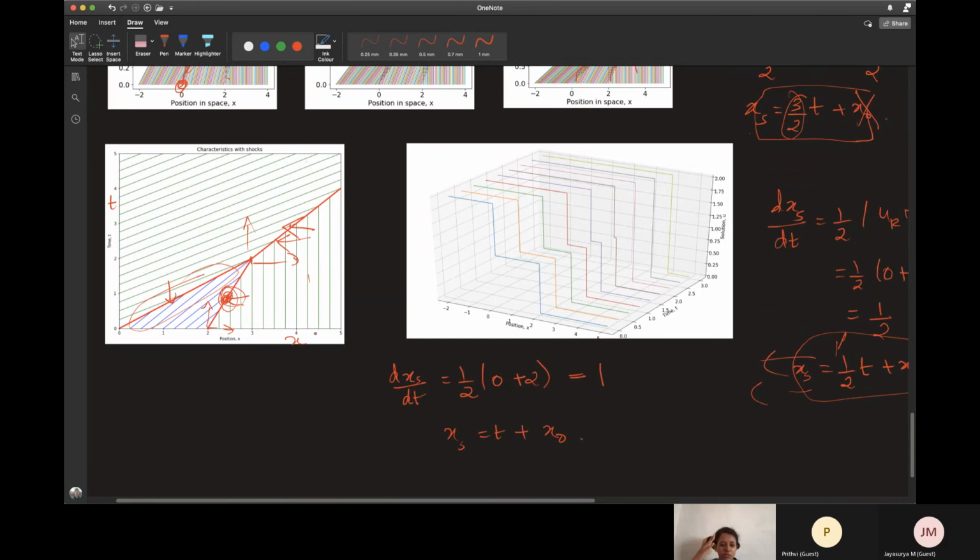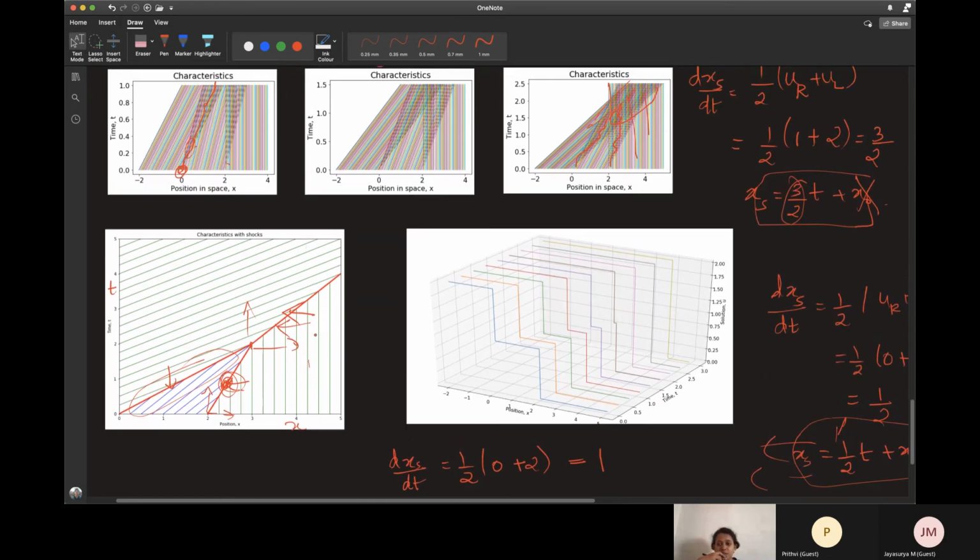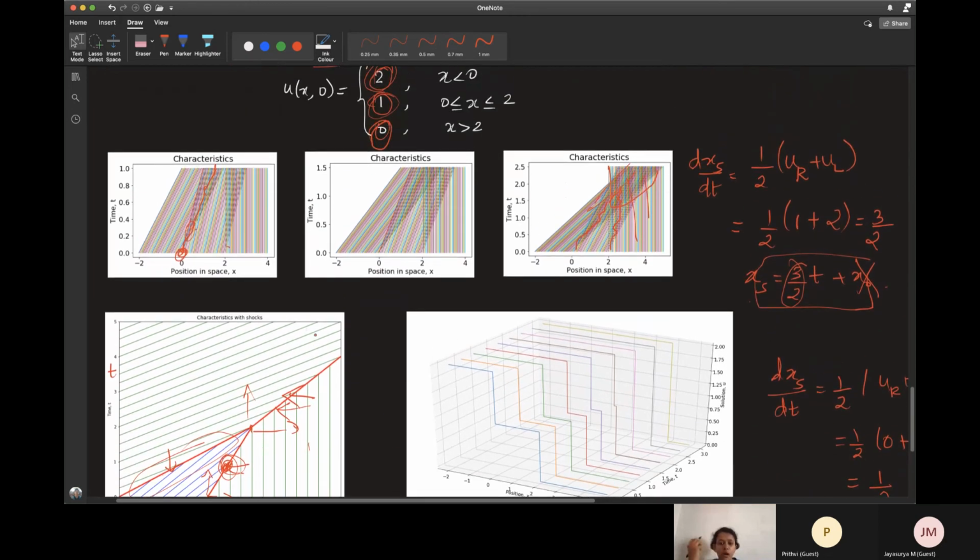If you notice, the shocks themselves can intersect and lead to formation of more shocks. And you know how to evaluate the speed of the shock. So from the speed of the shock, you can find an equation for the characteristic for the discontinuity itself.